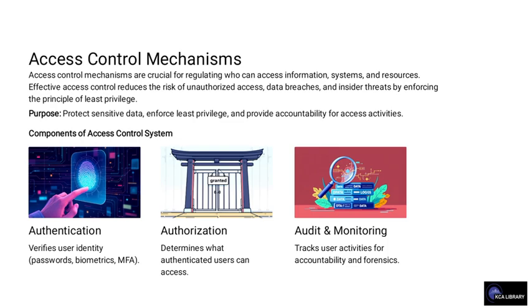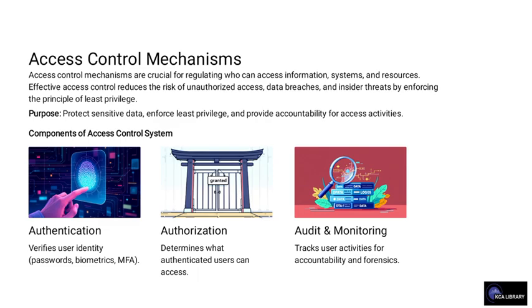Let's look at access control mechanisms, and these are crucial for regulating who can access information systems and resources. Effective access control reduces the risk of unauthorized access, data breaches, and insider threats by enforcing the principle of least privilege.